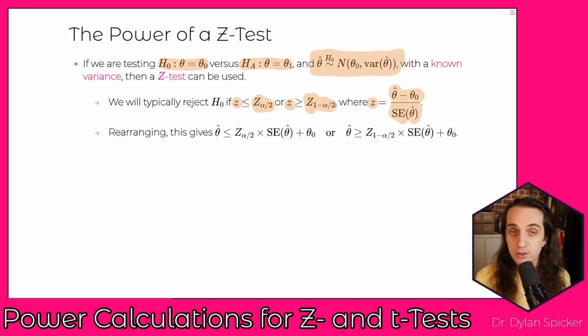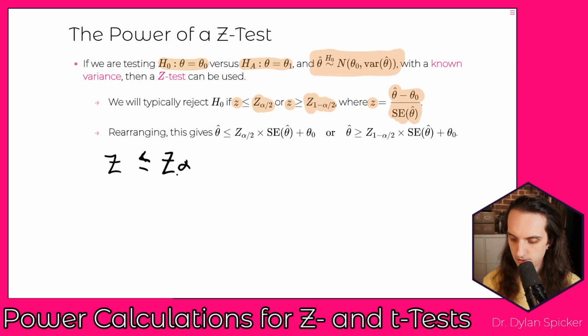So if we actually rearrange these equations, then what we can actually do is work out what that tells us, right? And so we'll take a look at just the first equation. So we want z to be less than or equal to z alpha over 2.